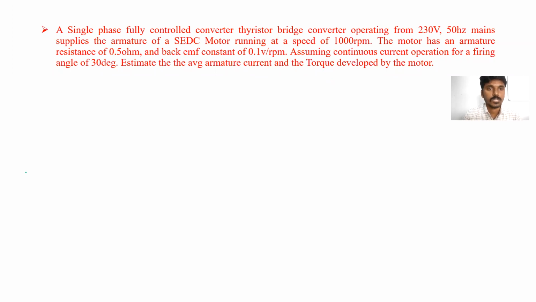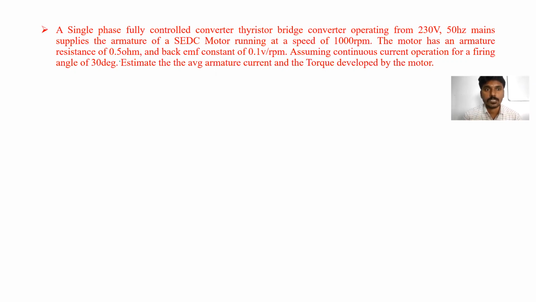Yes, here it is given: single phase fully controlled converter thyristor bridge operating from 230 volts 50 hertz mains, supplying the armature of a separately excited DC motor running at 1000 rpm.